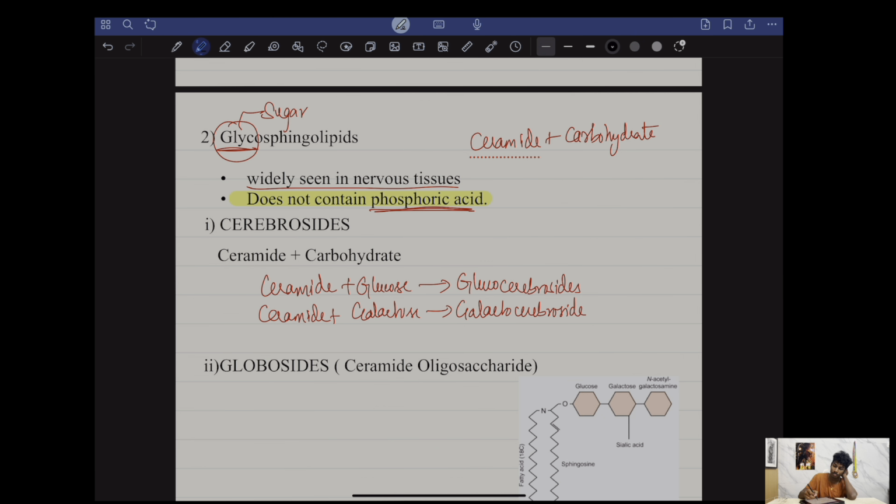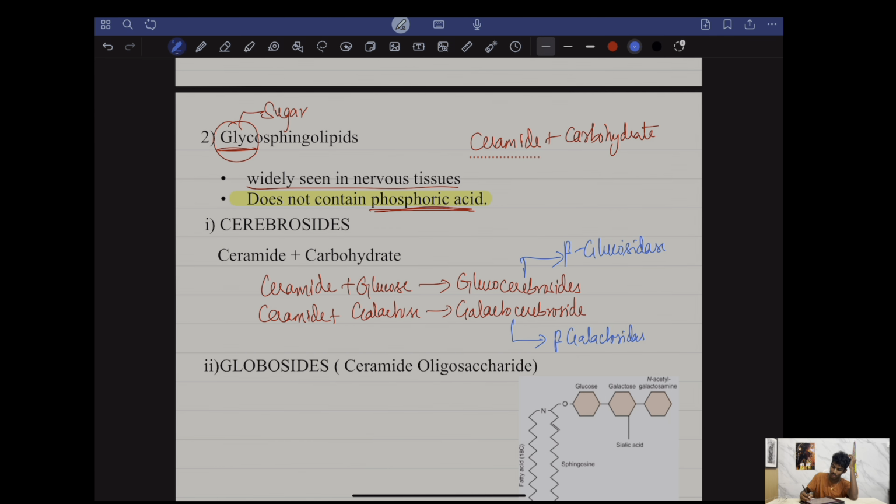There is an enzyme which will help this glucocerebroside to degrade, and the enzyme name is beta glucosidase. Is it clear? So this enzyme will help the glucocerebroside to degrade, and the galactocerebroside is degraded by beta galactosidase.